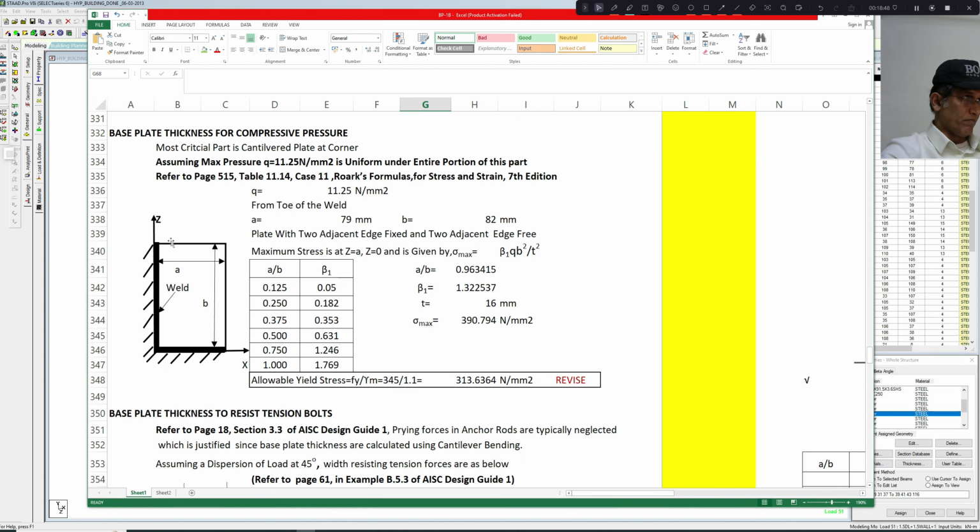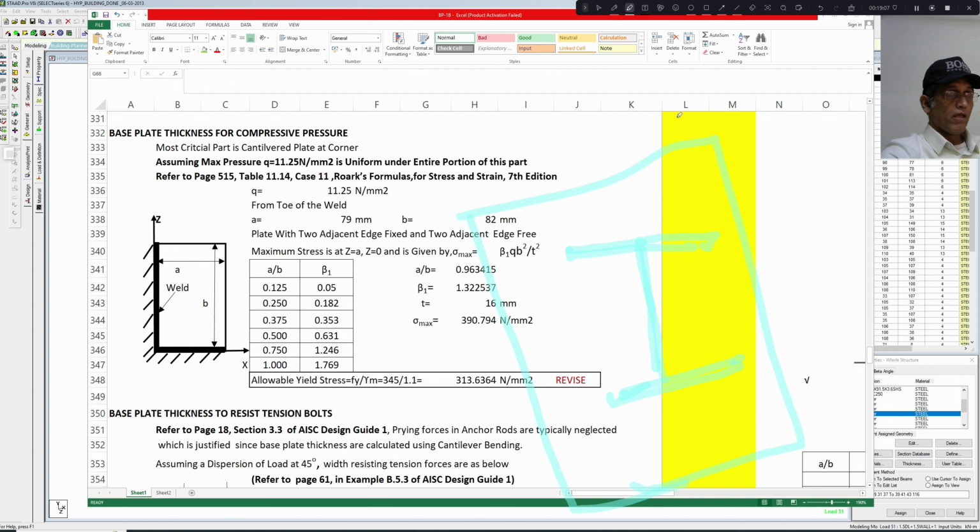See, this is one part of the gusset plate. So our I column is something like this. Base plate goes something like this. Then there are some gusset plates we have provided.